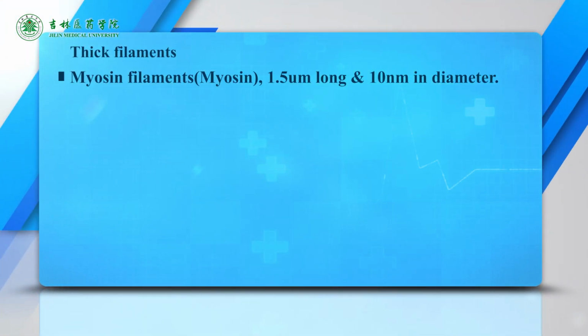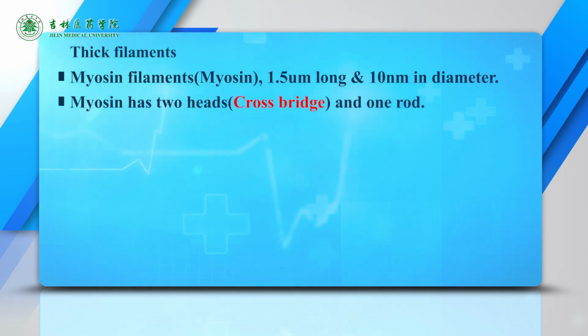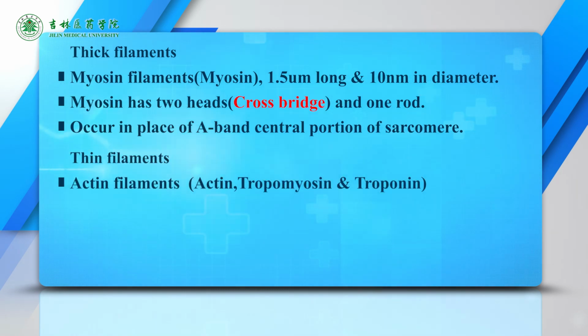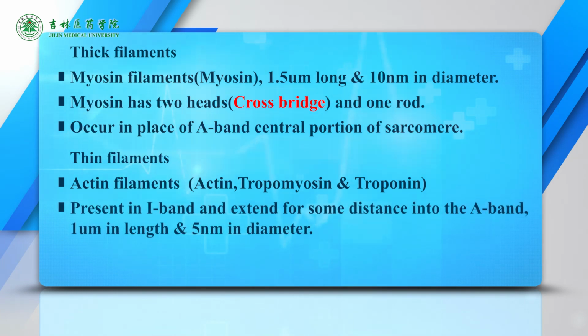Thick filament is composed of myosins, which have two heads, also termed cross-bridge, and one rod, and occurs in the central portion of the A band of the sarcomere. Thin filament is composed of actin, tropomyosin, and troponin, present in the I band and extending for some distance into the A band, 1 micrometer in length and 5 nanometers in diameter.